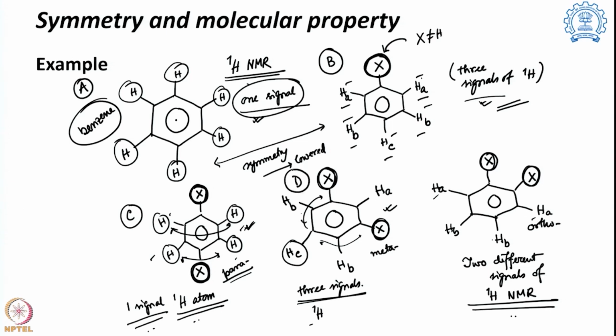This is case D, where we again have a bisubstituted but meta one, which has a little lower symmetry, and we are going to get 3 signals. When you put them in the ortho position, we also get 2 signals, and you can see that symmetry has a direct role to play in how many hydrogen signals I am getting, and a hydrogen signal in NMR defines how many different chemical environments these protons are facing. So it shows that the symmetry is directly controlling the electronic environment of the molecule, which is nothing but a property of the molecule, and that is what is coming over here.